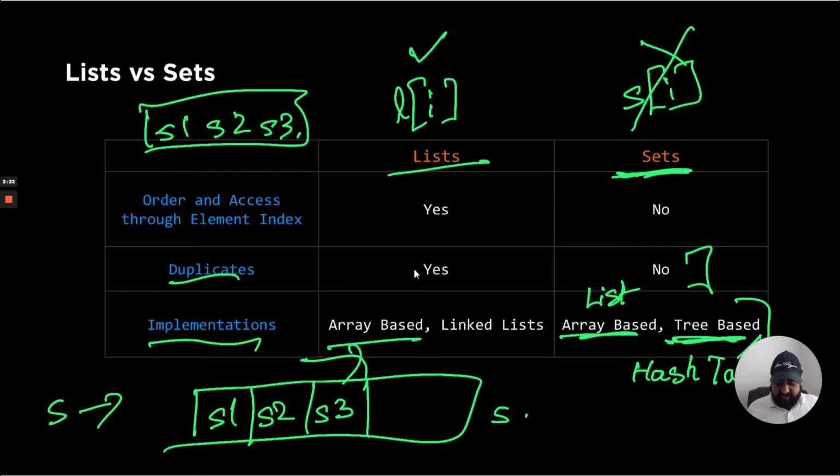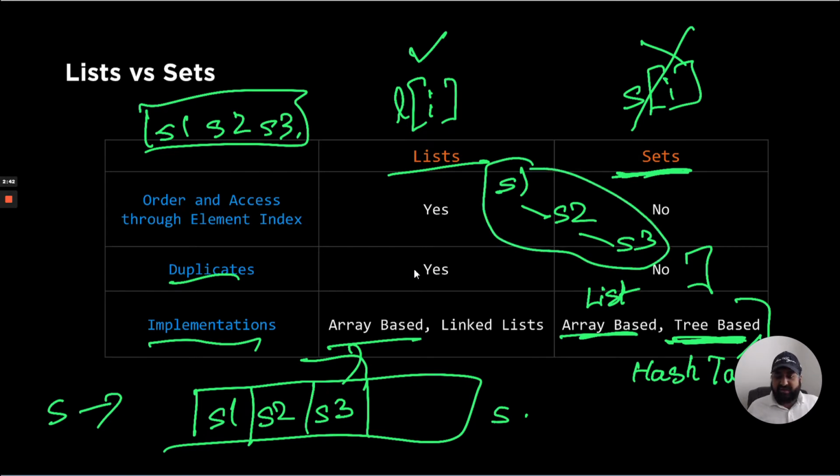Similarly, if we have a tree-based set, what we can do is we can define a BST, and let's say if I have an item S1, it will be the root, since the set is empty. Now S2 is greater than S1, so it will be on the right, and then S3 is greater than S2, so it will be on the right of S2. You can also use balanced trees to again get better performance.